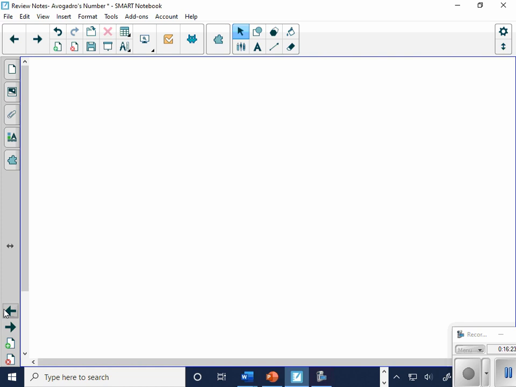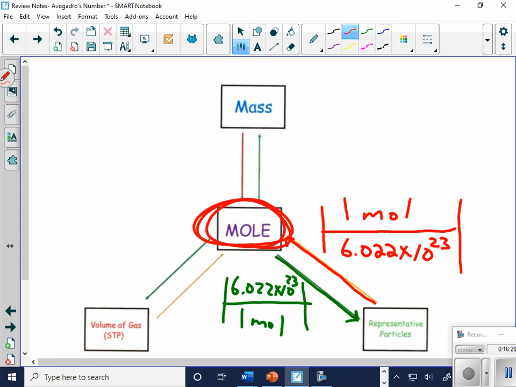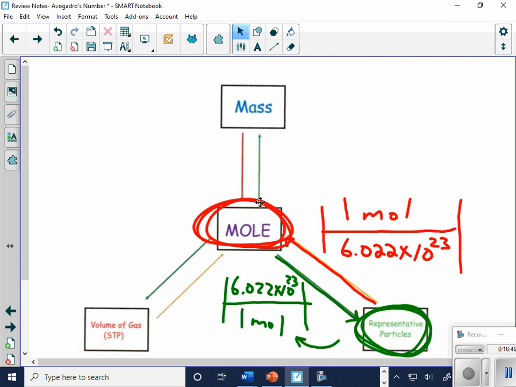So when I go back to my flux capacitor, I'm right here. I have moles. I need to go down here to representative particles. So I am going to use this conversion factor right there. Avogadro's number is going to be on the top, and the mole is going to be on the bottom.